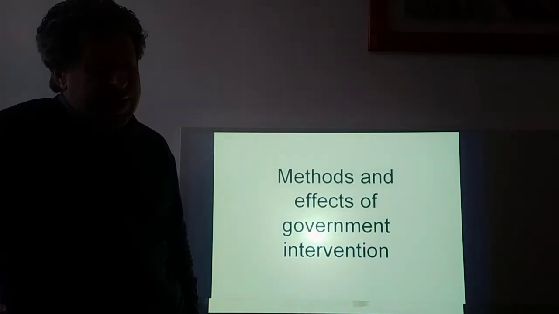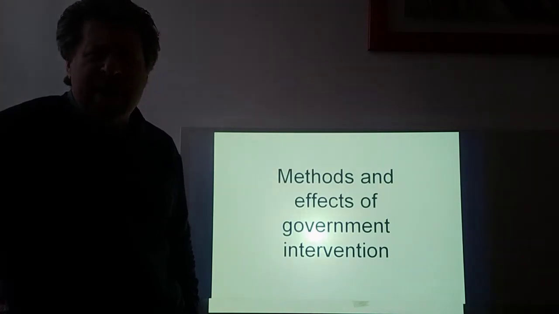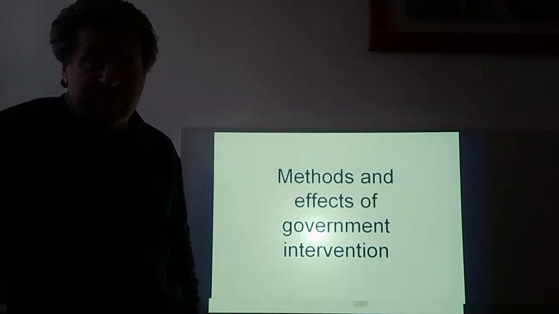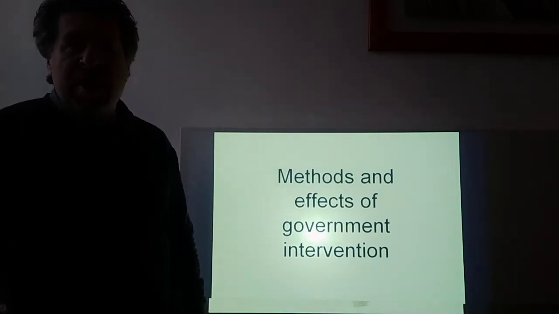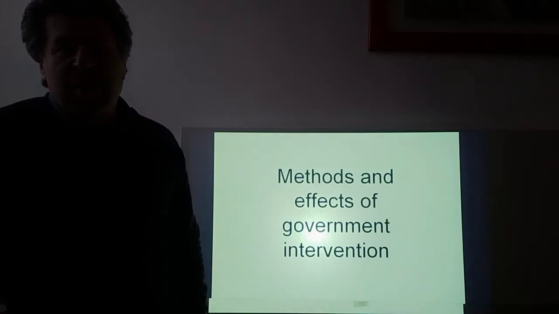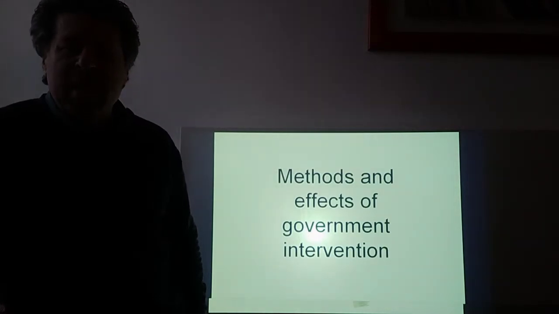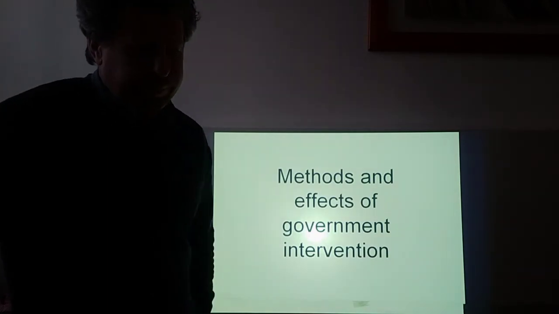We've seen in the last lesson about market failure and what governments can do about it, whether it's under provision or over provision of products in the market, or public goods, how the government must provide public goods and why. Now we're going to look at other methods they use to intervene and who that affects.